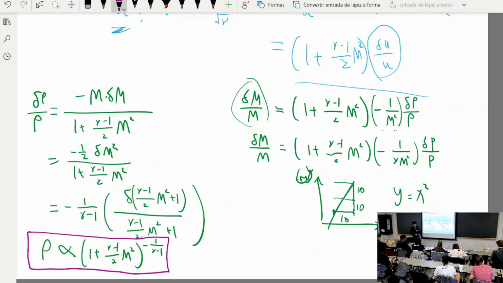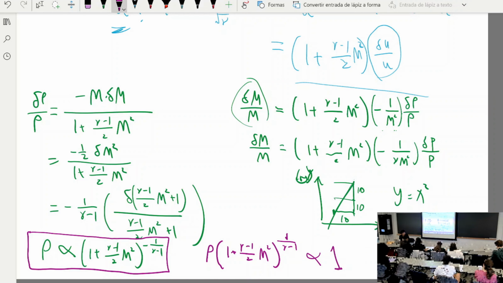Right, and also, if you multiply density with that number, that's going to be a constant. So that also means rho times 1 plus gamma minus 1 over 2 M squared to the positive power 1 over gamma minus 1 is going to be proportional to a constant, right?